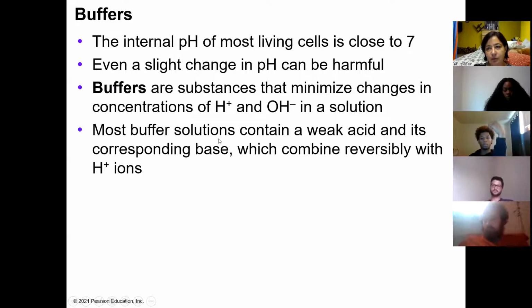Buffers are substances that can either contribute hydrogen to make a solution less alkalinic, or they can pick up hydrogen to make a solution less acidic. They convert strong acids to weak acids and strong bases to weak bases.